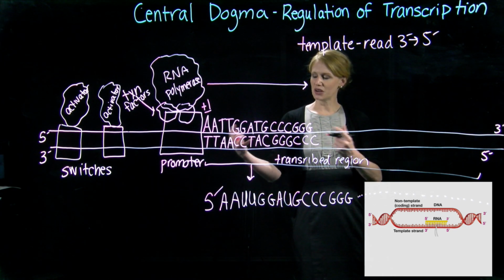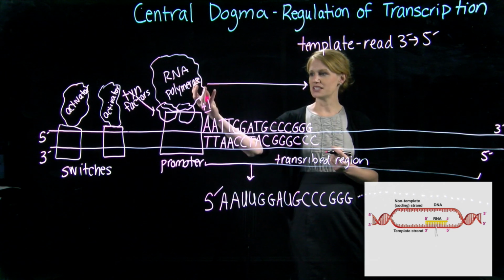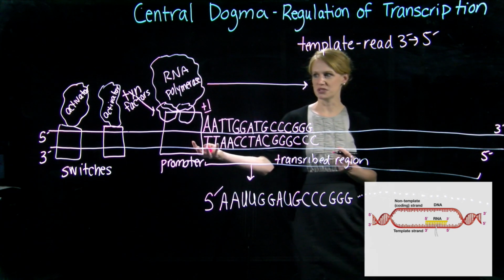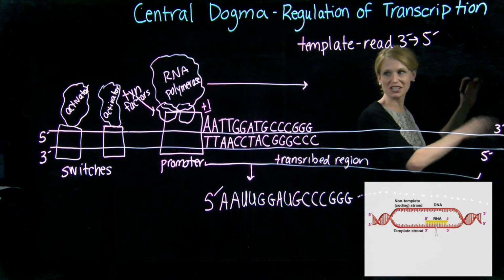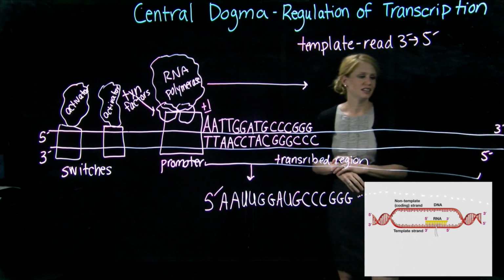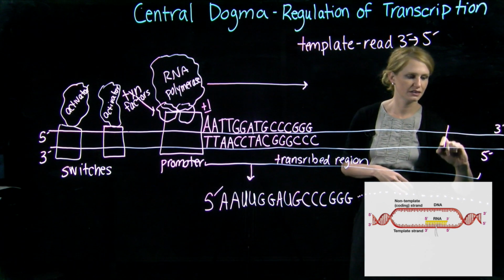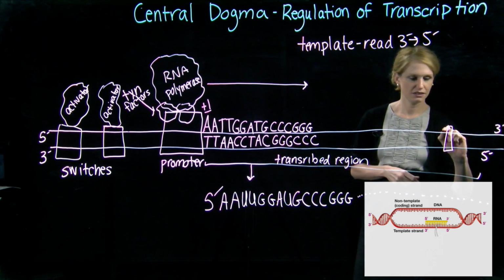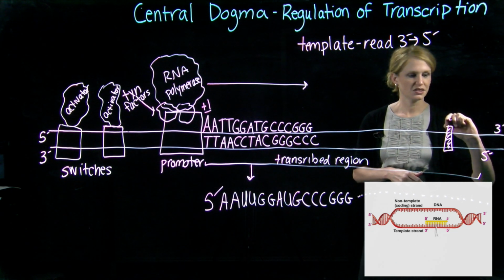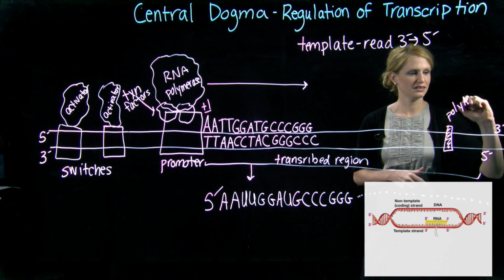So we know how RNA polymerase finds a gene and starts transcription. The promoter is important for that. How does it know where the gene ends? The sequence that's going to be important for this is called the poly-A sequence.